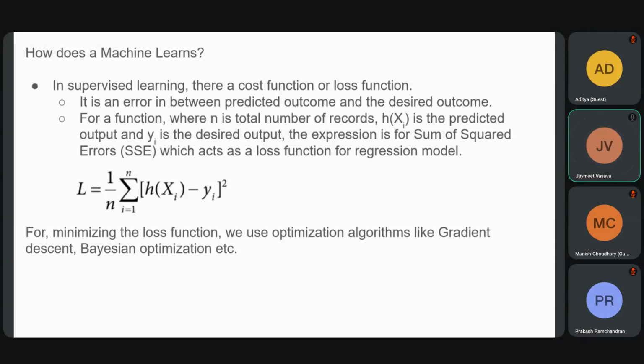This is used for minimizing the loss function. We use optimization algorithms like gradient descent or Bayesian optimization, etc. In this topic, we will be discussing the gradient descent.